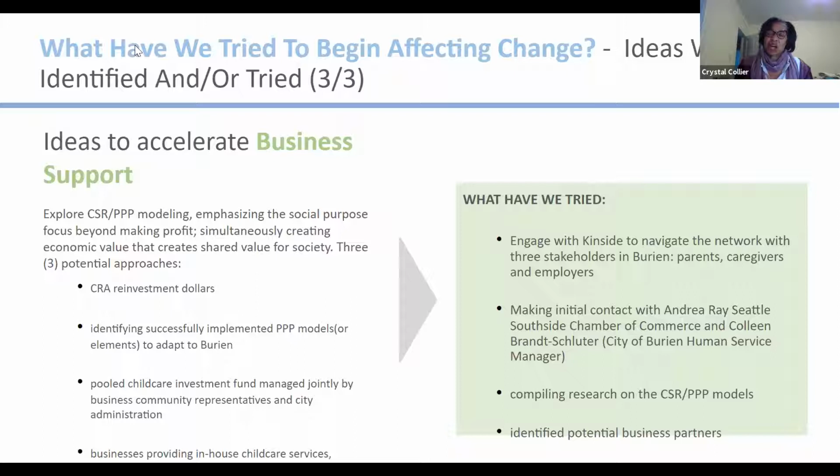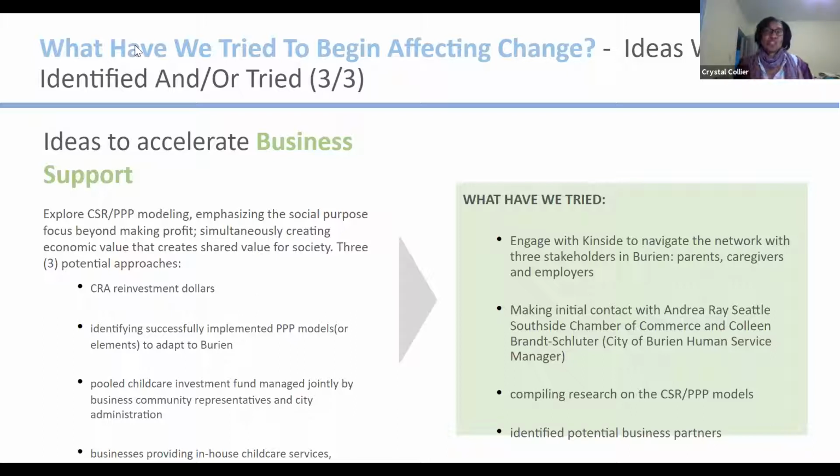Some of the things that we talked about and tried to learn through our process to understand this: we engaged with people who actually create navigation networks. So that was Kinside, about how people can connect and understand where childcare resources are, so referral sources, as well as managing the payment.